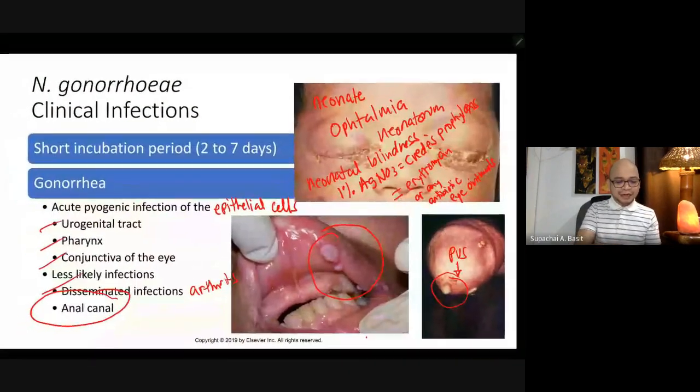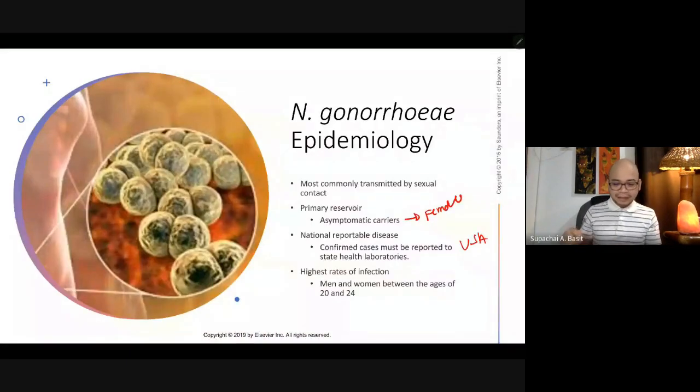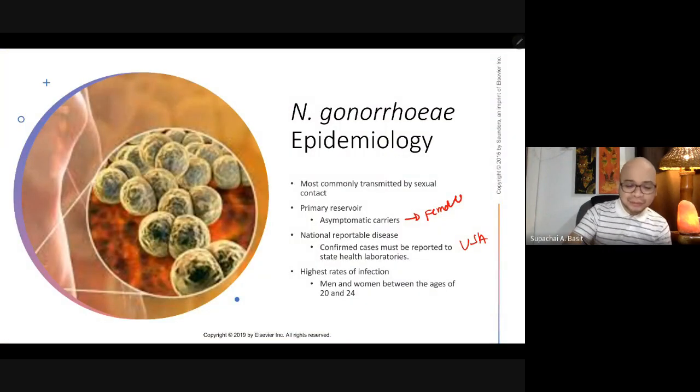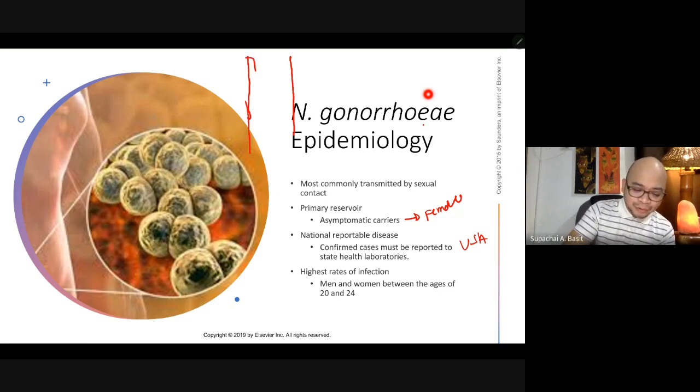can also be infected. So what will happen actually is like this. For example, this is the urethra, and you have epithelial cells in the urethra.